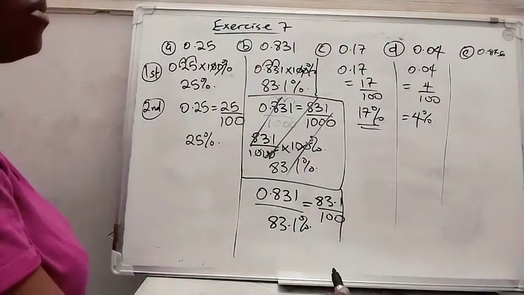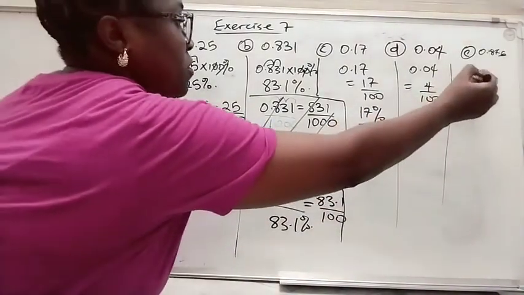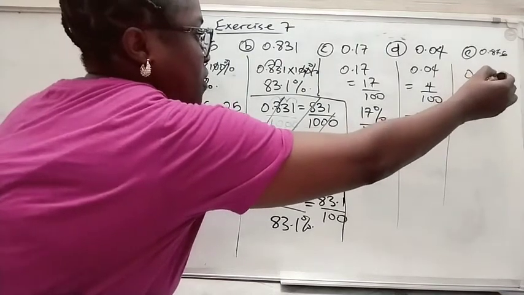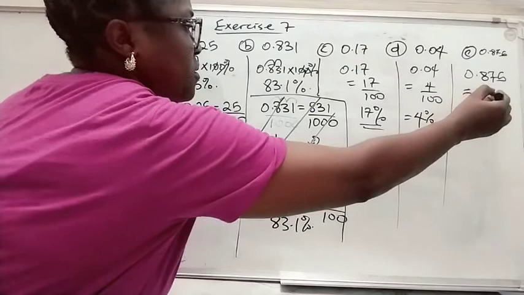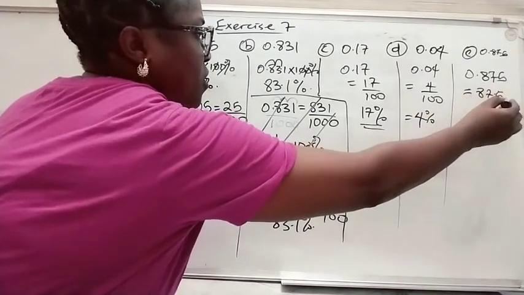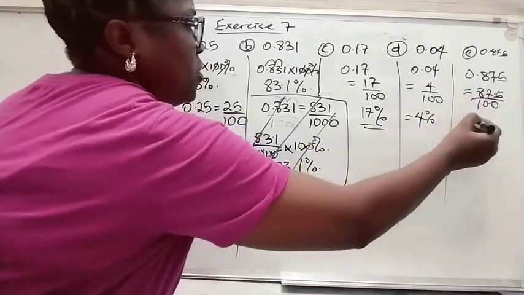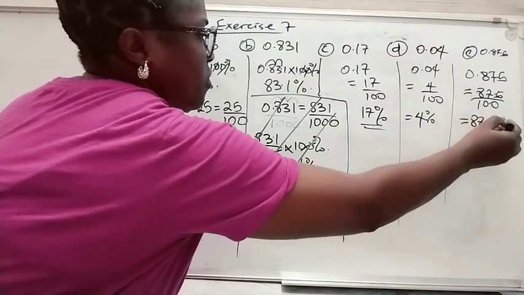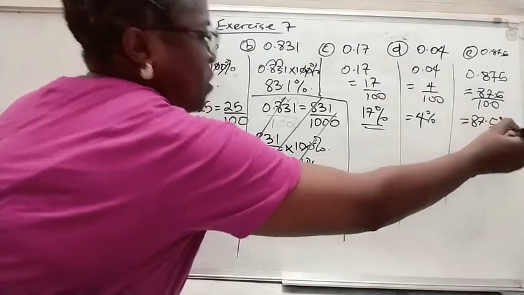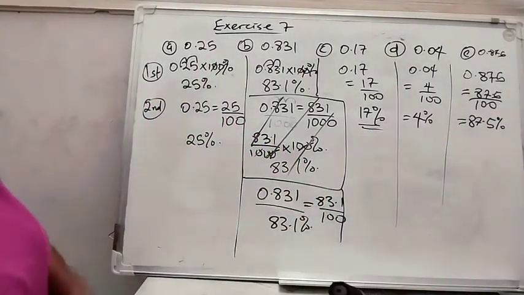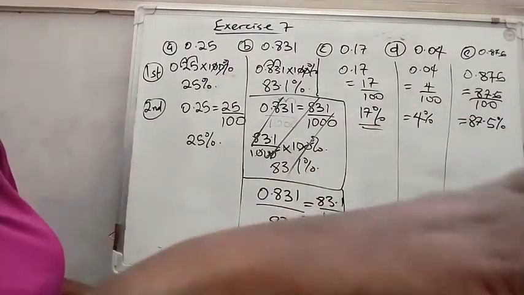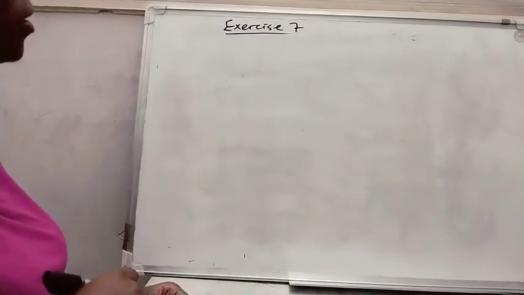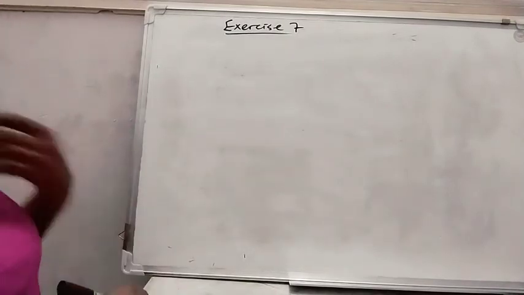Then 0.875 is the same thing as 87.5 over 100, which is also 87.5%.